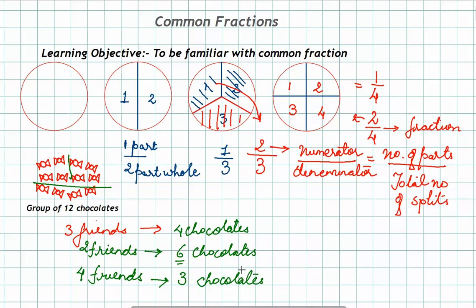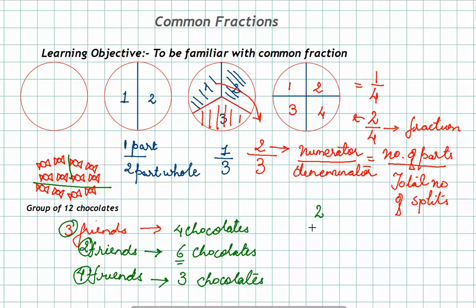You might say that I have memorized the number of chocolates, but it's easy to calculate that 3 times 4 gives you 12. So if you have 12 chocolates, you can divide it into equal parts among 3, 2 and 4 friends.